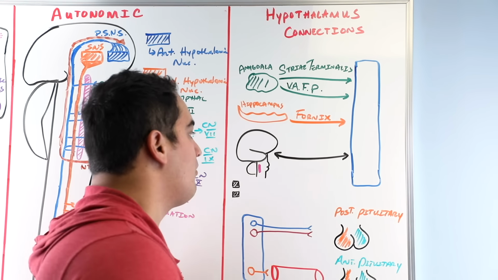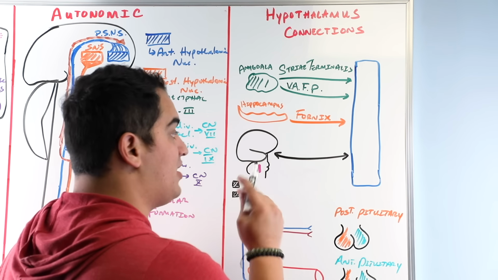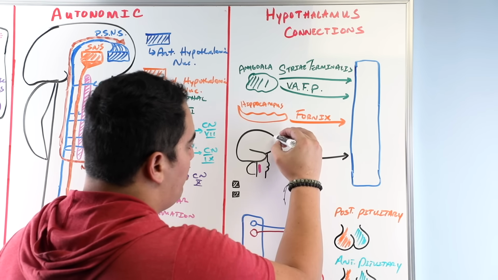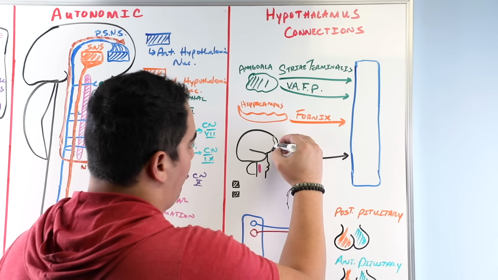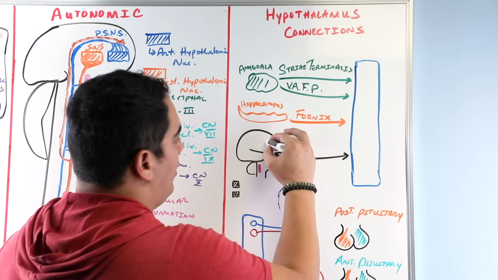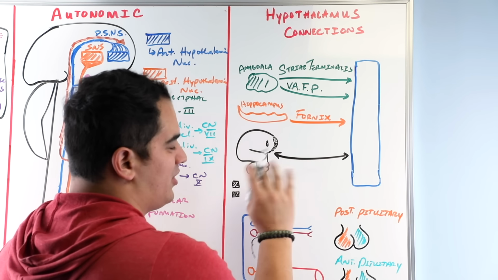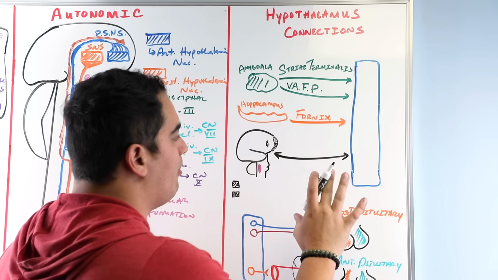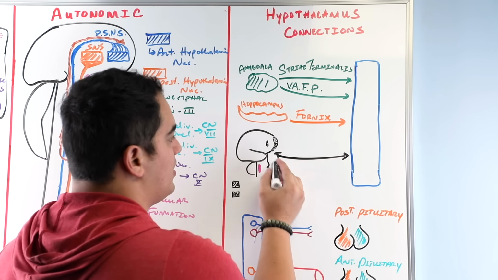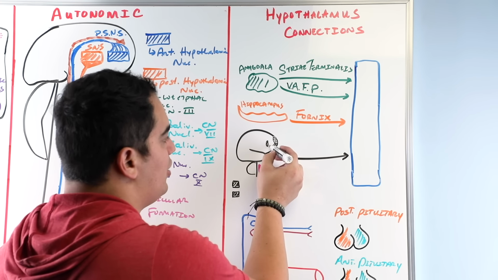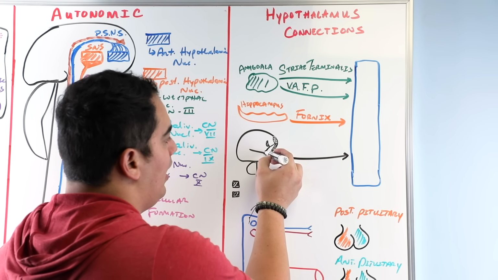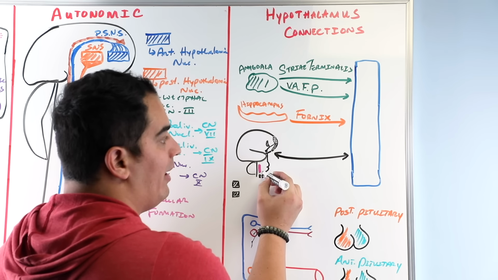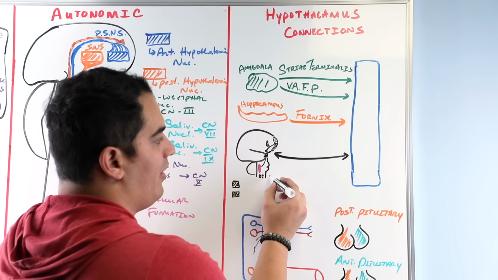All right, so then you have another important connection that's involved in limbic types of activity. There's a connection between a part of the cerebral cortex, the prefrontal cortex, and another area called the septal area, septal nuclei, near the lamina terminalis. Not super important. What I want you to know is there's a connection between these structures and the hypothalamus, and there's also a connection between the reticular formation of the brainstem and the hypothalamus.